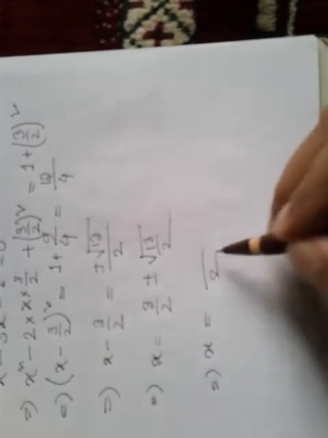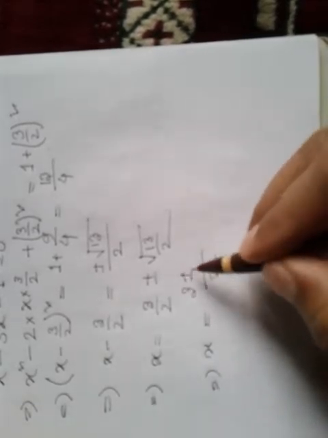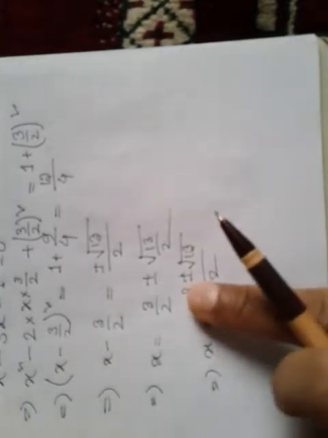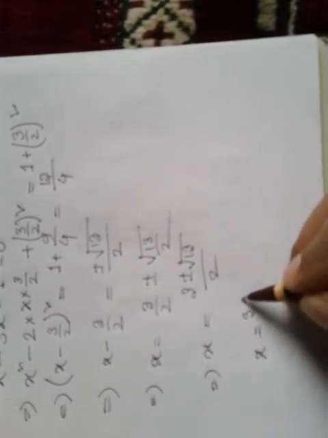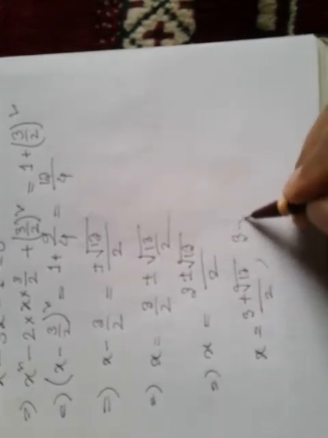That is giving x equals 3 plus minus square root of 13, over 2. For this plus we will have one value, one root, and for minus we will have another root. So for x we have two roots: x equals 3 plus square root of 13 by 2 and 3 minus square root of 13 by 2.